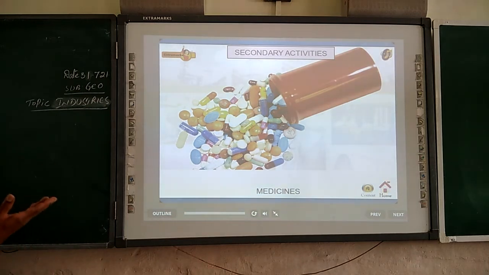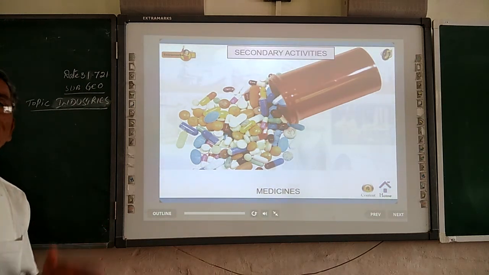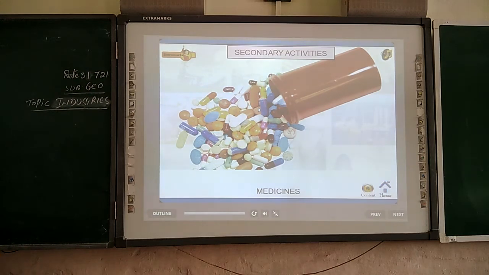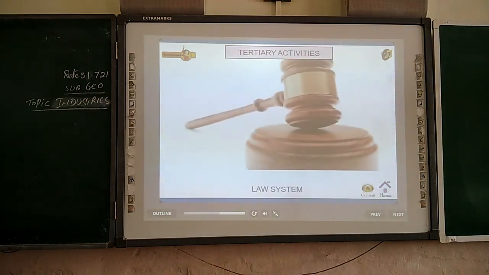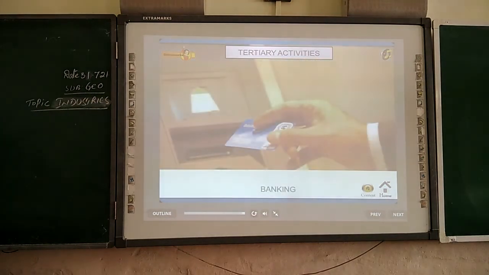So secondary activities, you can say, are all the manufacturing industries. Industries are the best examples for the secondary activities. Here you can see medicines. Medicines are also prepared or manufactured by the secondary activities, industries.